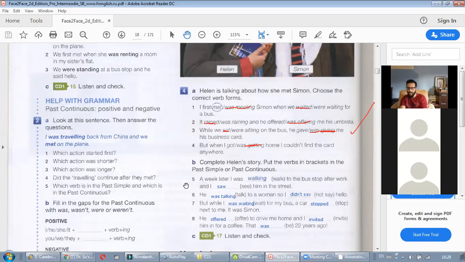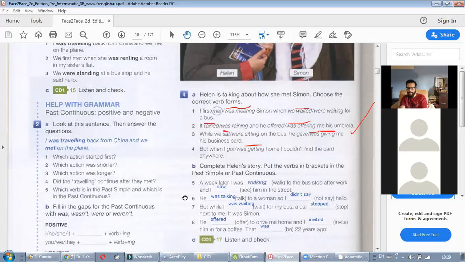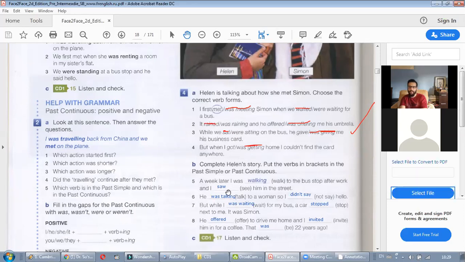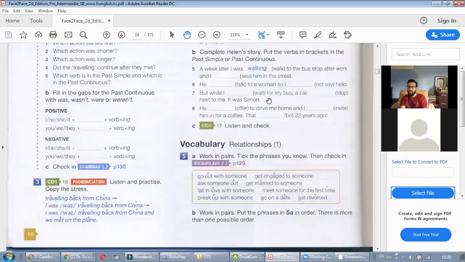Hello, are you there, Mohammed? I can't see it. Okay, so I just wanted you to read the first part because you didn't read the first part correctly. He disconnected. Okay, never mind. So this was the story of Helen and Simon. Okay, so let's move on.